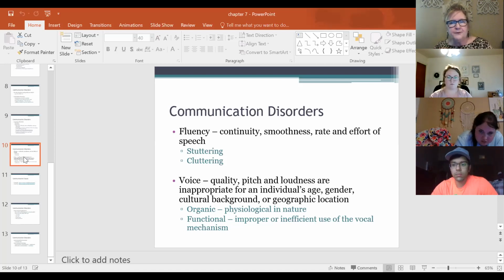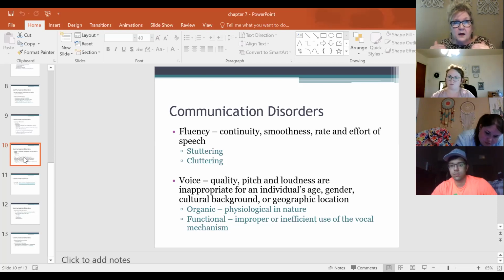There's another type of fluency disorder called cluttering, and stuttering and cluttering are the two primary fluency disorders. And stuttering is what we know of, that irregularity of the rate of output when a person has a hard time with that flow of words getting started.